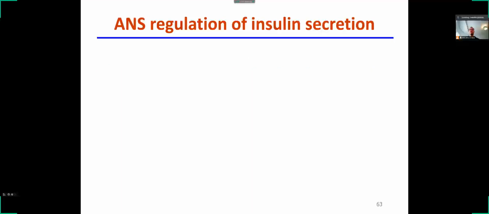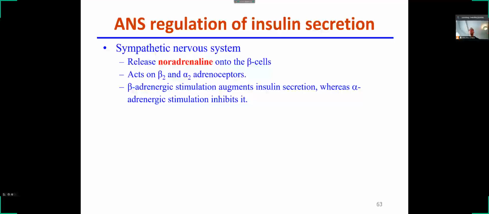So how does the autonomic nervous system work in terms of regulating insulin secretion? Well, you have release of noradrenaline onto the beta cells. These act on beta-2 and alpha-2 adrenergic receptors. And then beta-adrenergic stimulation augments insulin secretion, whereas alpha-adrenergic stimulation inhibits it.